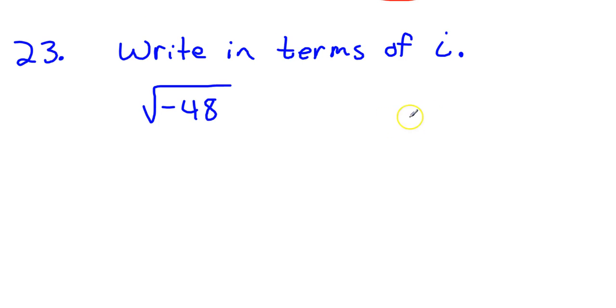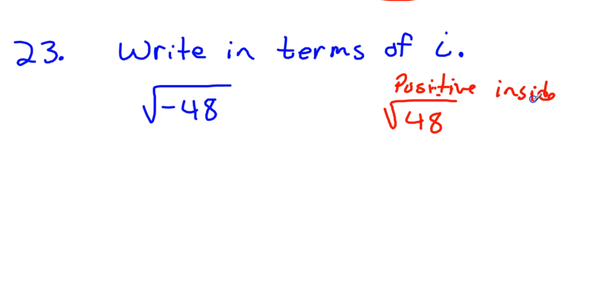Just think for a minute what the square root is if it was just a regular 48. Well, let's just say if it was a positive 48. Because all we're going to do is do one thing different than if it was just a regular 48.